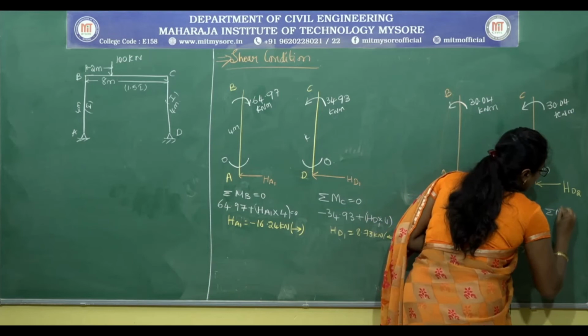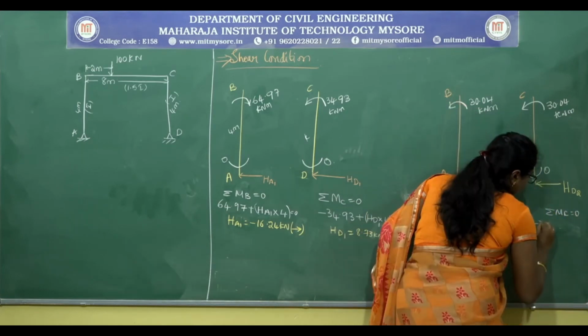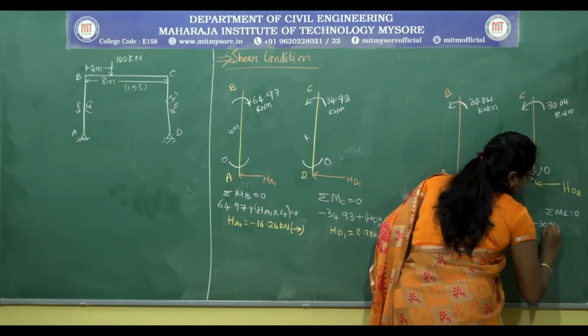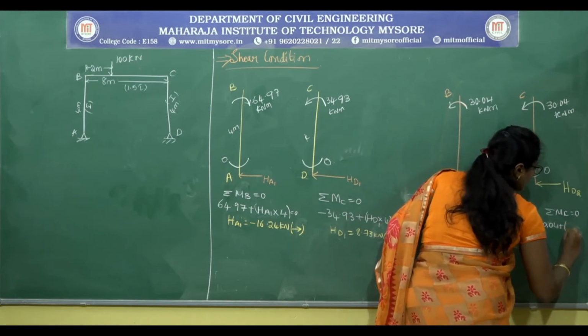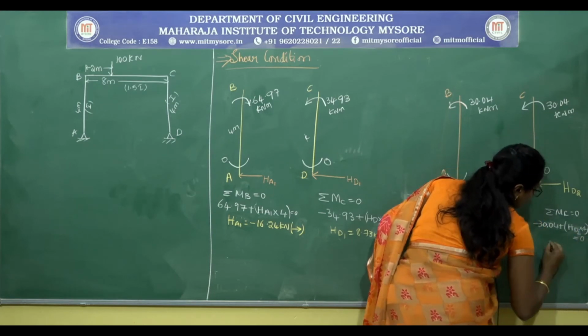Next, sum of all the moments at C equal to 0, minus 30.04 plus HD2 into 4 equal to 0.